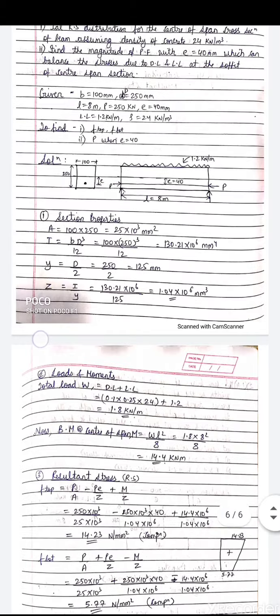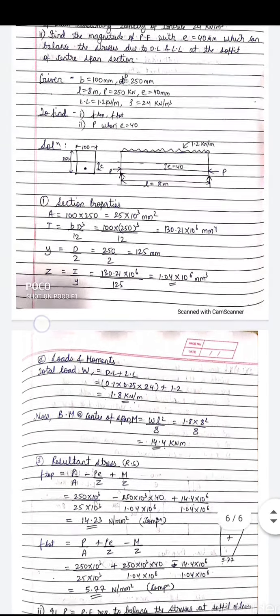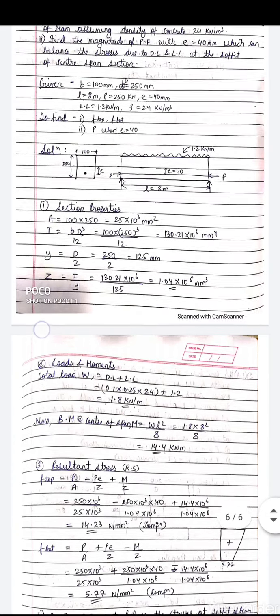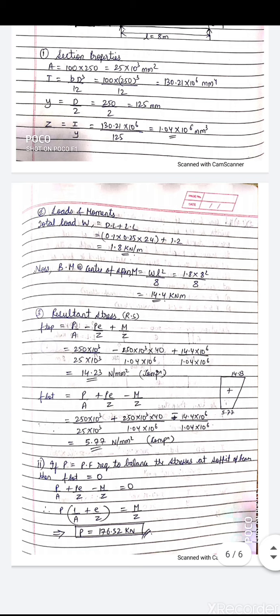Now the second part is to find out P when eccentricity is 40. As I just mentioned, to balance the stresses is the keyword to understand. If P is the pre-stressing force required to balance the stresses at the soffit, means bottom of the beam, then your F bottom is 0. That is the condition given to find out the pre-stressing force.